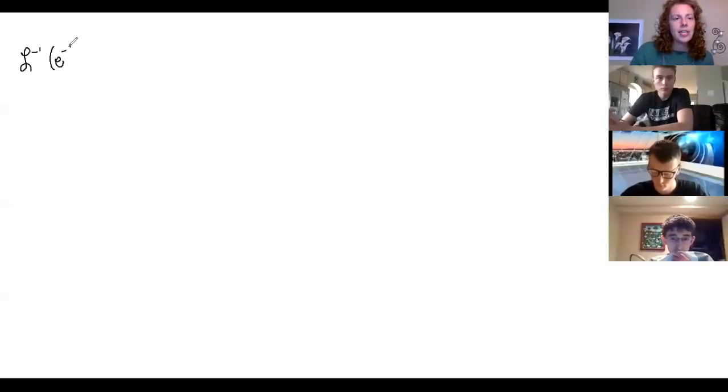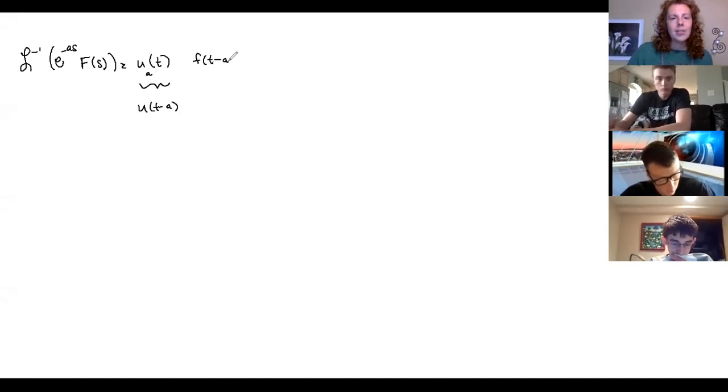So when do we use the unit step function? When there is an e to the negative as out in front. So that's when that unit step function gets used. Remember what we talked about at the beginning of class yesterday and today: the inverse Laplace transform of e to the negative as times capital F of s is this unit step function, u sub a of t, or remember you can do u of t minus a either way, times f of t minus a.